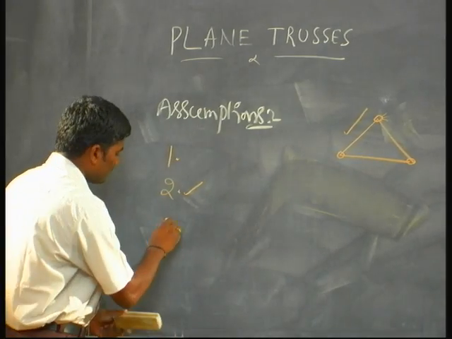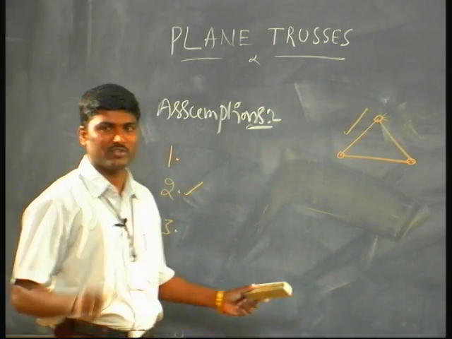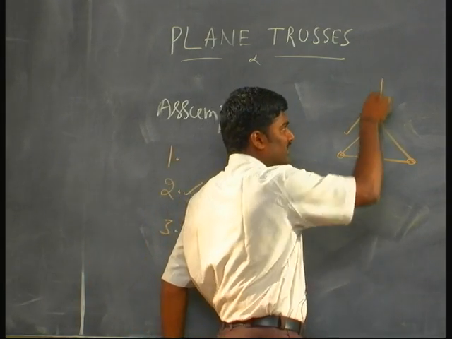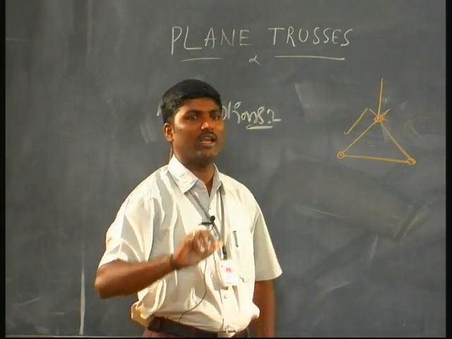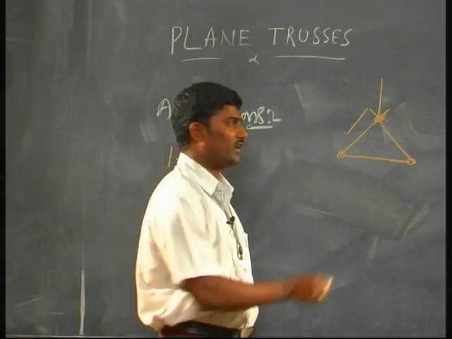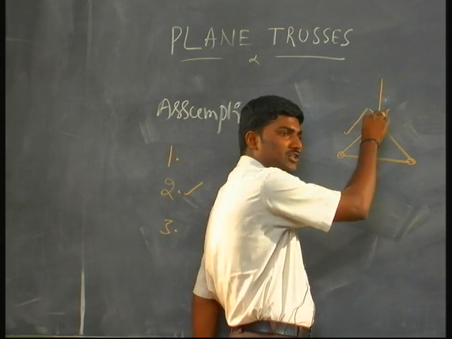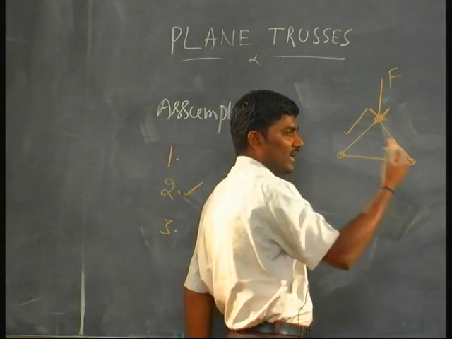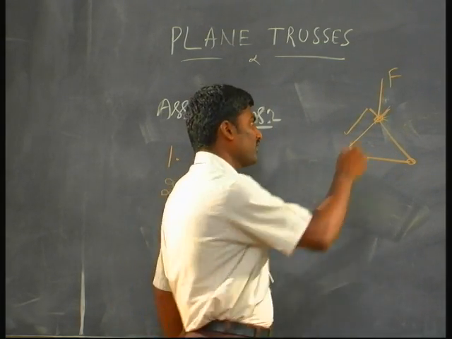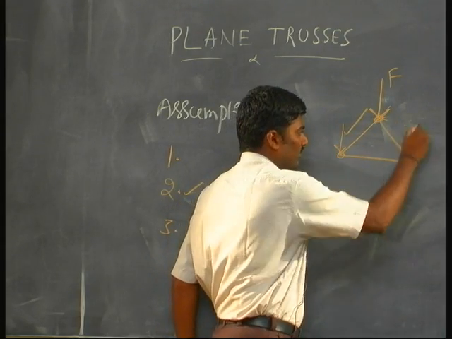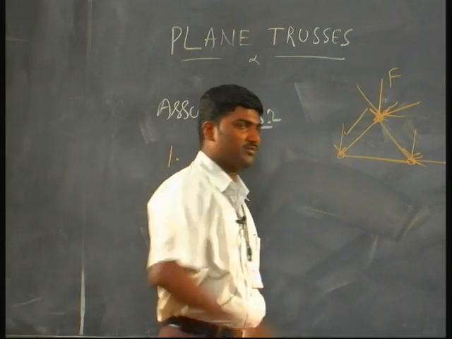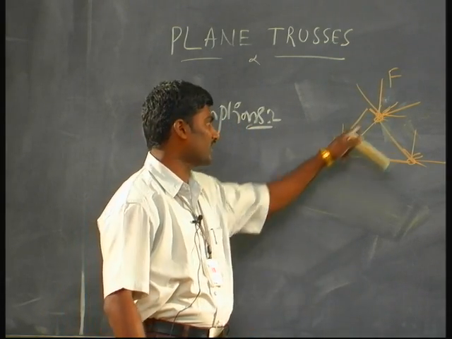The third one: all the forces coming onto this truss must be on the hinges only, on the joints only. I call this a joint or a hinge or a pin, whatever it is. So whatever force you apply must be on the hinge only, you should not apply it on the member.